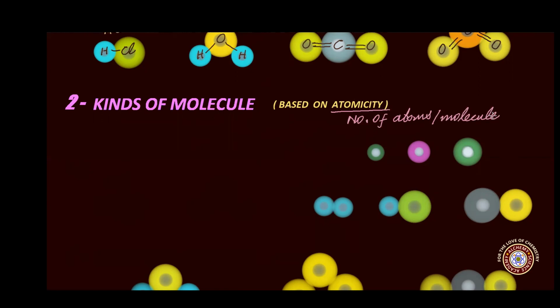On this basis, molecules are classified as monoatomic and polyatomic molecules. Polyatomic molecules can be further grouped into diatomic, triatomic, tetra, penta, hexaatomic, and so on molecules. Now the first example which we will take is the monoatomic molecules.